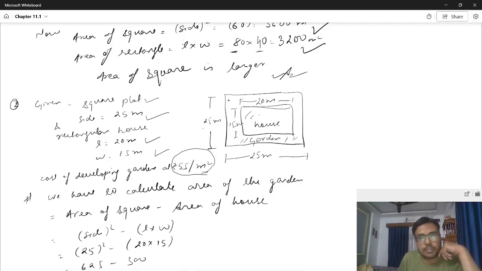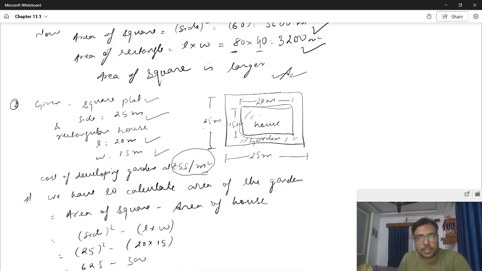So the area of the garden will be the area of the square plot, this much, less the house. So area of square minus area of house. The area of a square is side squared and the area of the house is length into width, so it is 25 squared minus 20 into 15. 25 squared is 625 and this is 300.